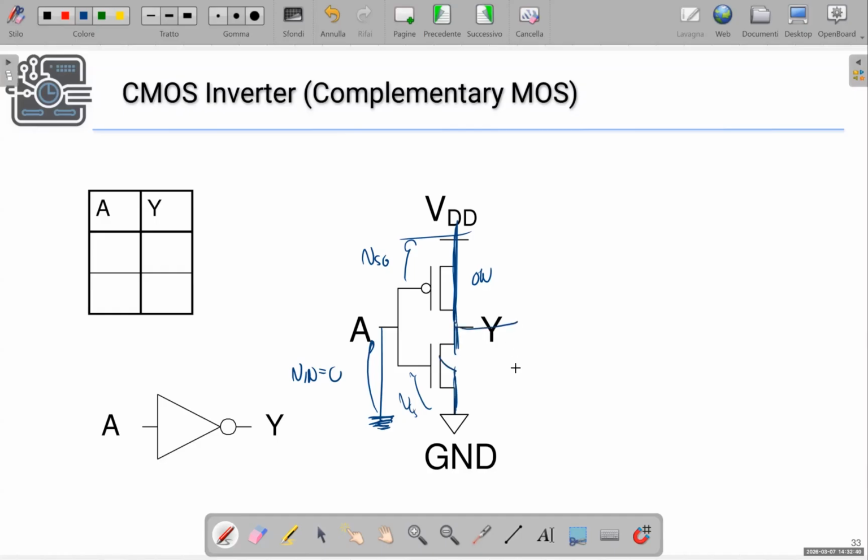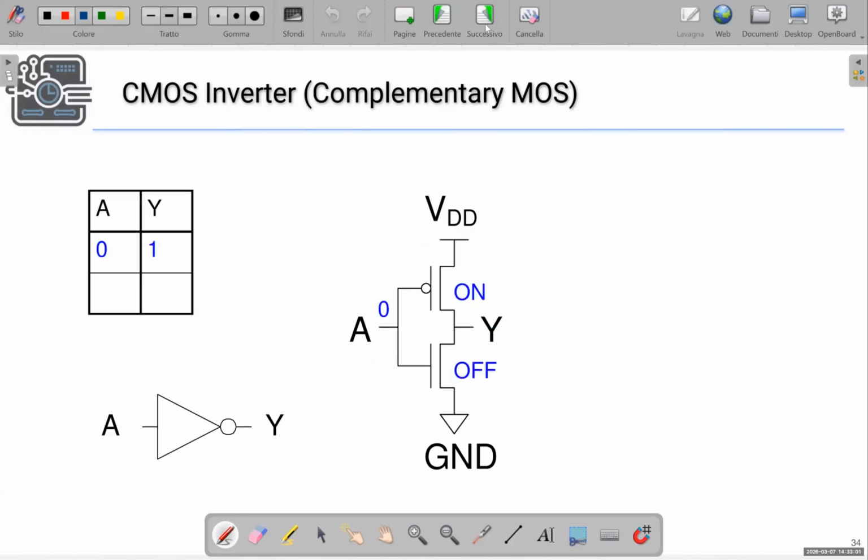As a consequence, the output is connected to VDD, so the output voltage is VDD, which corresponds to a logical 1.